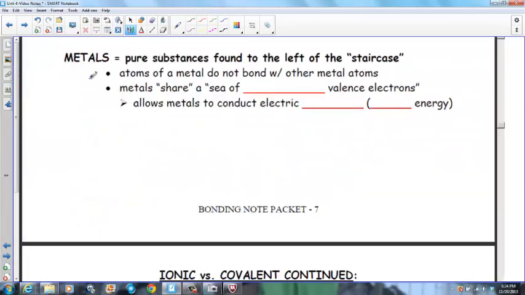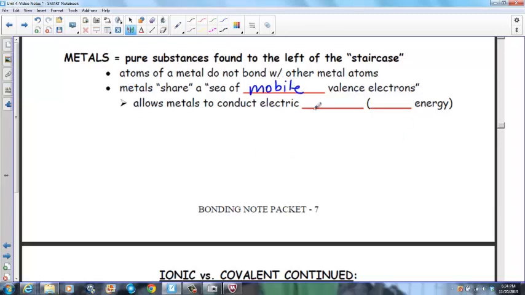So picking up where we left off for lesson 1, we're on page 7 in the note packet. Metals, this is actually toward the bottom. They're pure substances found to the left of the staircase. As we already know, atoms of a metal do not bond with other metal atoms. They actually share what is called a sea of mobile electrons or valence electrons.